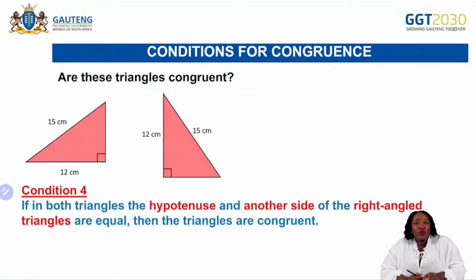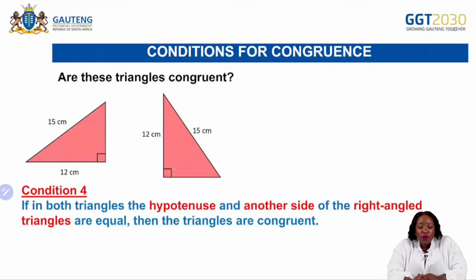Now, why can't we use side angle side as a condition for this right angle triangle? Do you know? That's because the right angle will never be between the two given sides, okay? Especially, it will never be between the side and the hypotenuse specifically. We need to be specific about the hypotenuse part, okay?